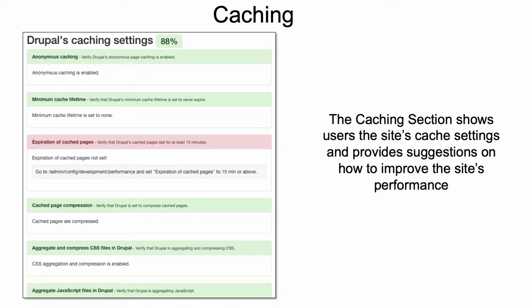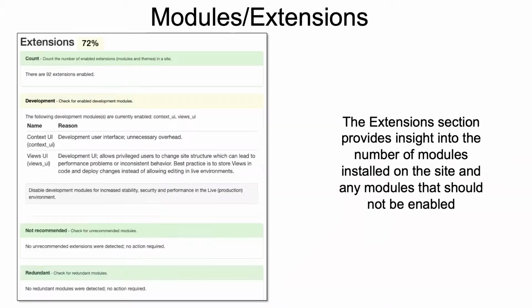We can see expiration of cached pages is not set, so we should probably consider setting that on the site. Cached pages are compressed, which is good, and the CSS and JavaScript aggregation is turned on. So at a glance, we can see where we have issues in this one section.